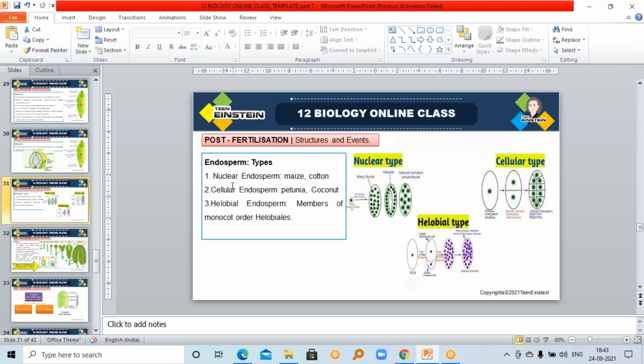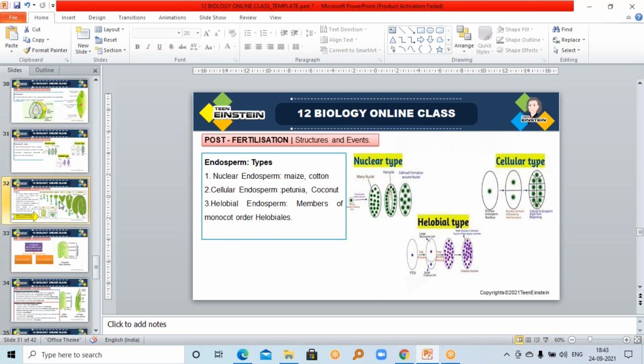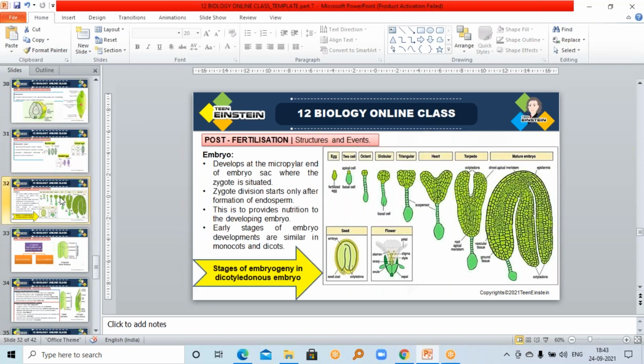Okay. Next is embryo. So first endosperm formation got over. I said after endosperm formation only embryo formation will start, because endosperm is providing nutrients to the developing embryo.